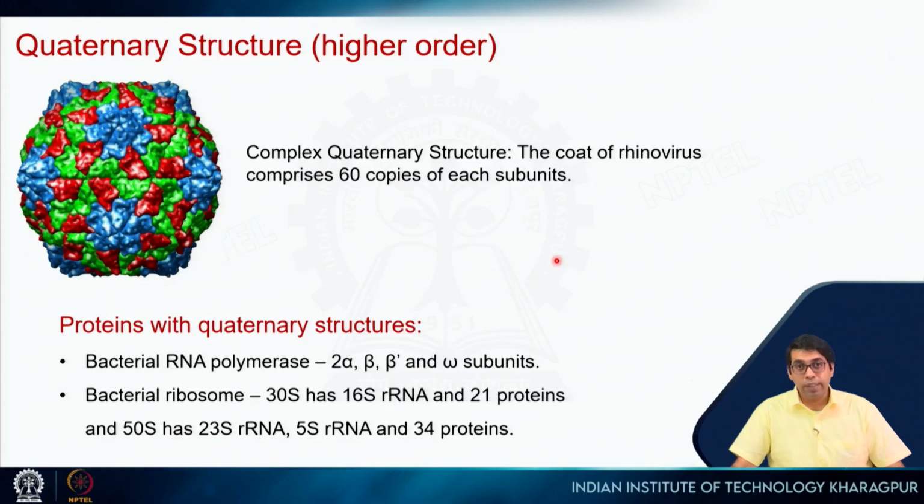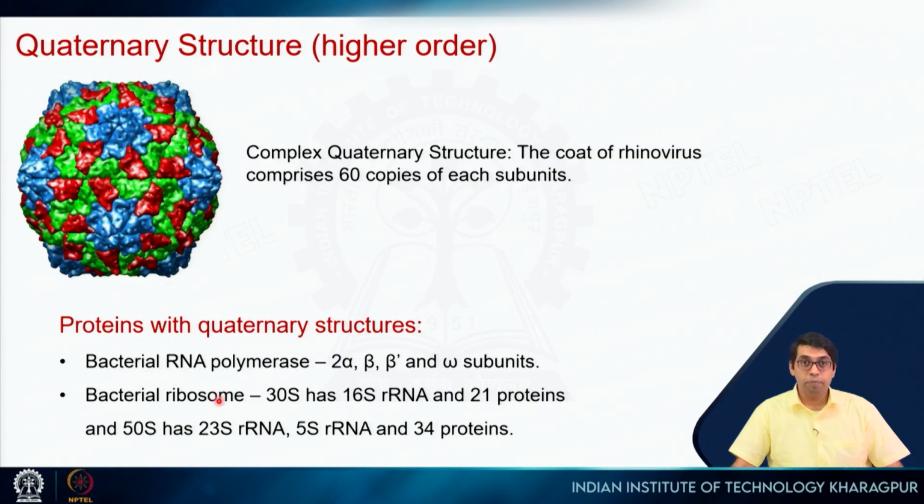We have already seen examples of proteins or large machineries with quaternary structures. For example, we have seen bacterial RNA polymerase, which has 2 alpha subunits, a beta and beta prime, and an omega subunit. So, these 5 subunits come together to form the bacterial RNA polymerase.